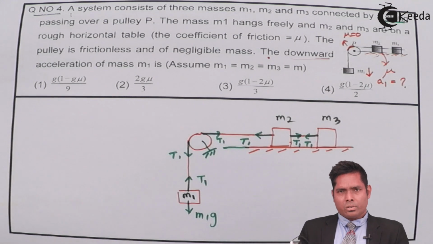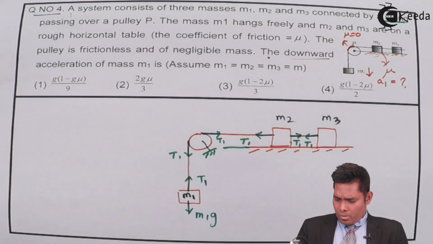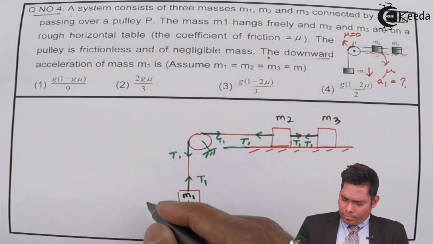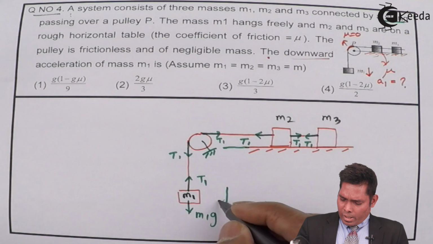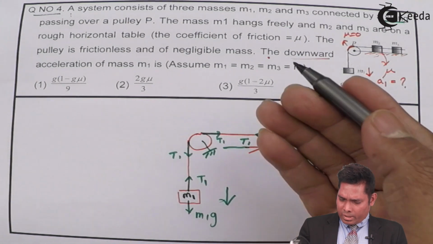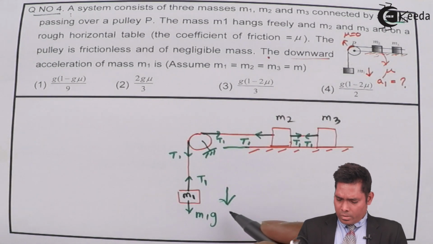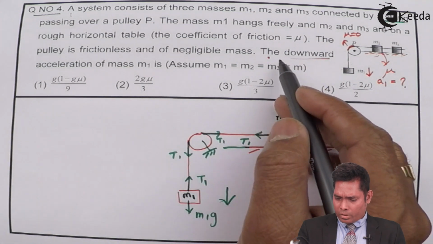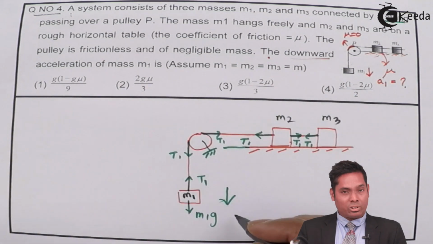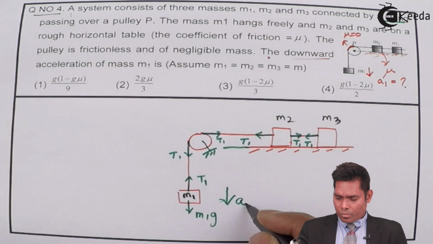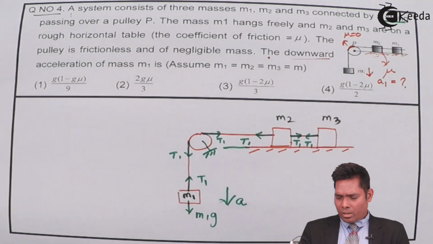Finally, we'll have some tricky solution to this. It is said that M1 is accelerating downward. The downward acceleration of M1 is asked. That means it is moving downward, supposing the acceleration is A or A1.